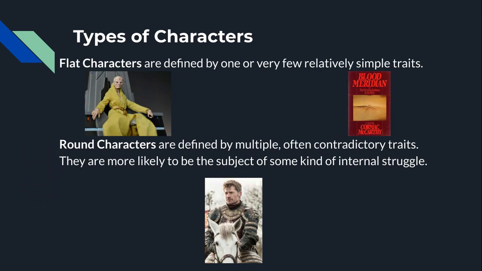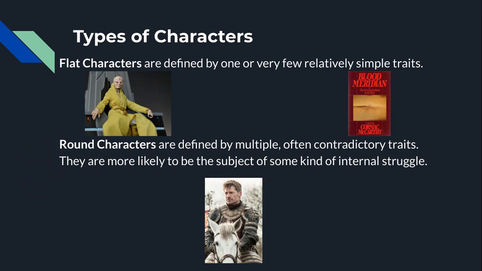And then obviously the opposite of flat characters is round characters, and your round characters are going to be defined by multiple, often contradictory traits. They're often the ones undergoing some kind of moral dilemma or ethical struggle and so on. So we could think about Jaime Lannister in Game of Thrones or A Song of Ice and Fire.